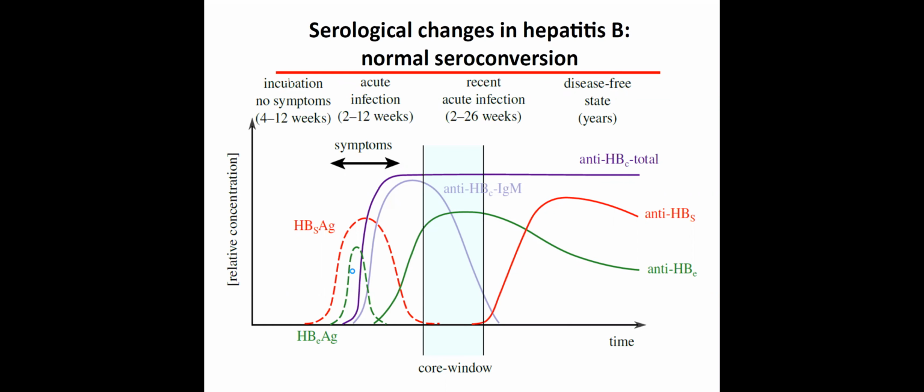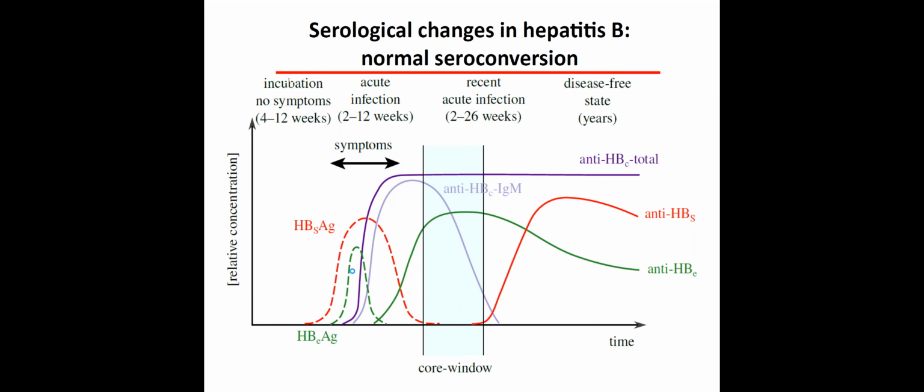However, before the antibody occurs, the antigen disappears, and we do have a little gap. In this situation, we still have actively replicating viruses in the blood. So in these patients, no surface antigen is detected and they don't have any antibody against it, so they can be falsely detected as negative for hepatitis B. This is why another antibody or antigen came in, the core antigen or antibody, and this is what is called the core window.